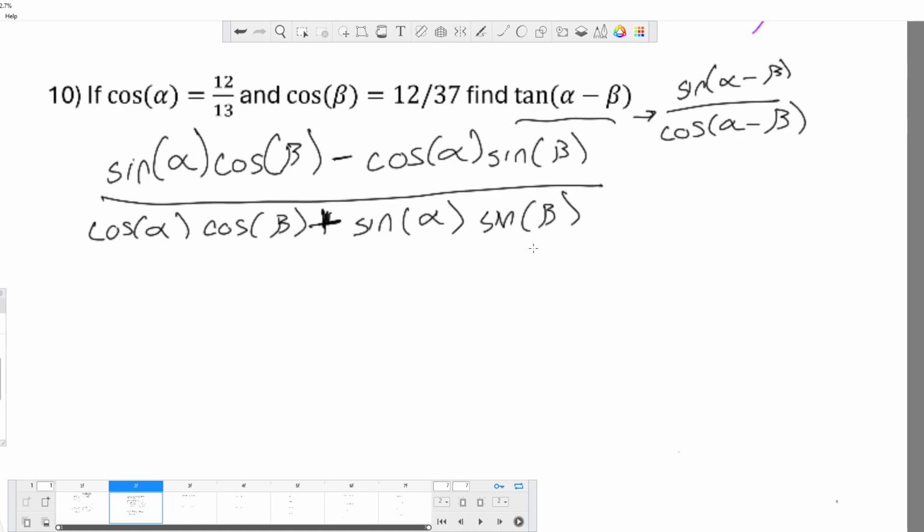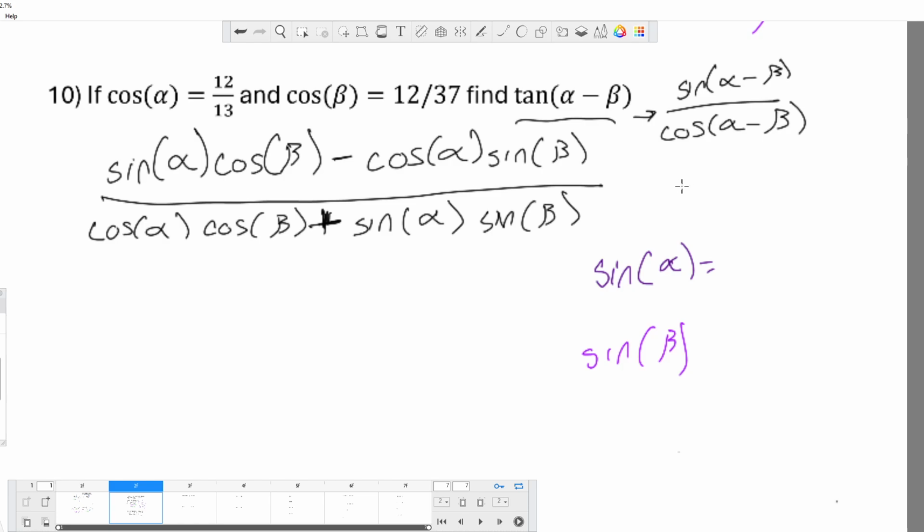So at this point, we just have to go figure out the missing pieces of information. The missing pieces that we need are sine of alpha and sine of beta. This first one should be pretty easy. If it's the sine of the same angle as the cosine, it's basically just create a right triangle out of the values and do the Pythagorean theorem.